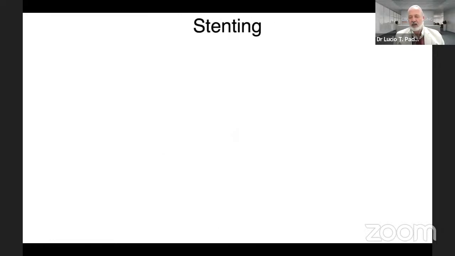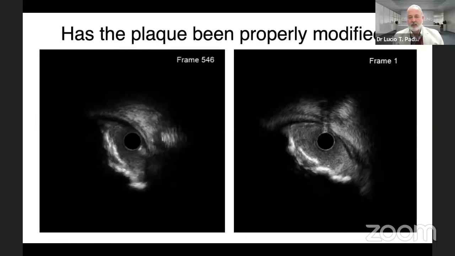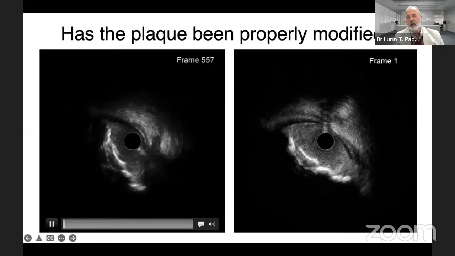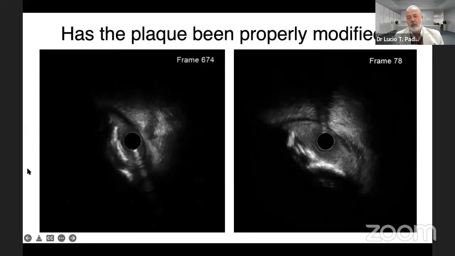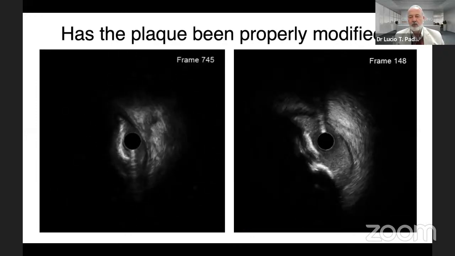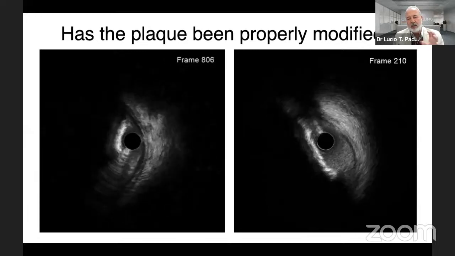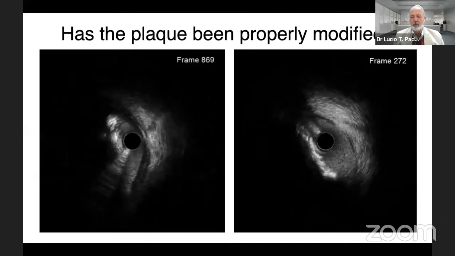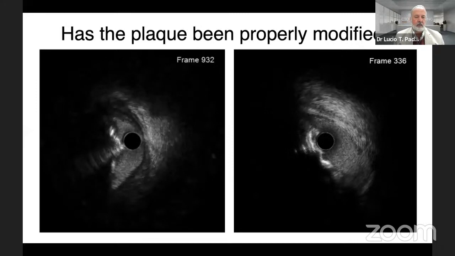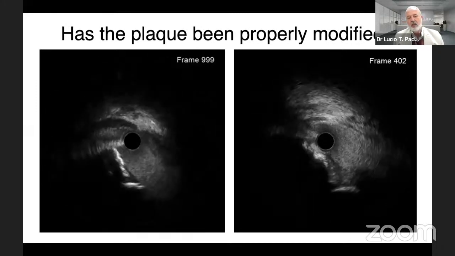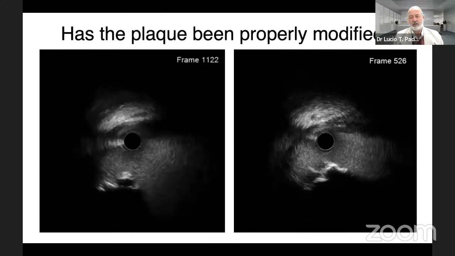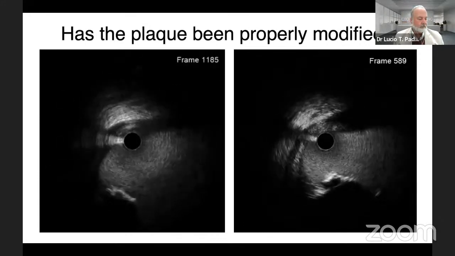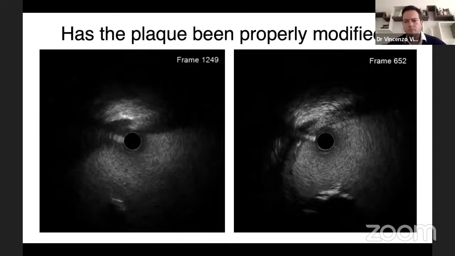So I think it's a very good result of the IVL, after plaque modification with a 1-1 balloon related to the size of the right coronary artery, and the stent seems to be very nice. So congratulations. And I think this is the way that if you have only IVUS, you can achieve a very good result. Thanks.